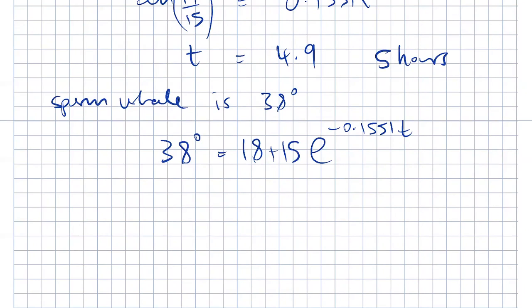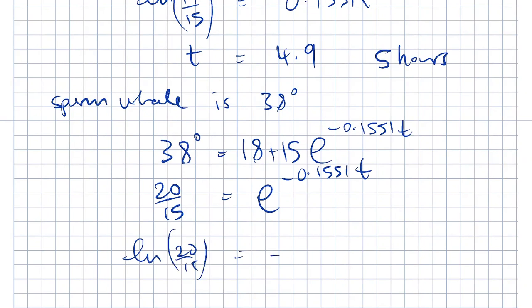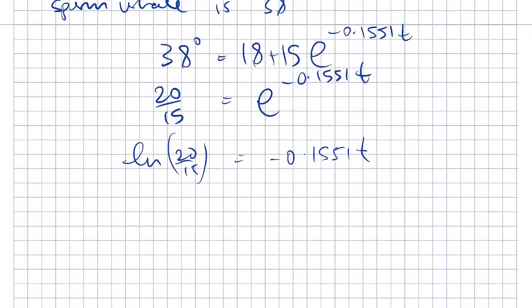So we go ahead and do that, and we get 20 over 15 is equal to e to the negative 0.1551t. Log of both sides, log of 20 over 15 is equal to negative 0.1551t.